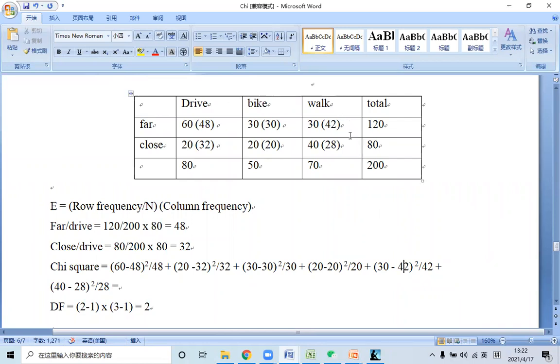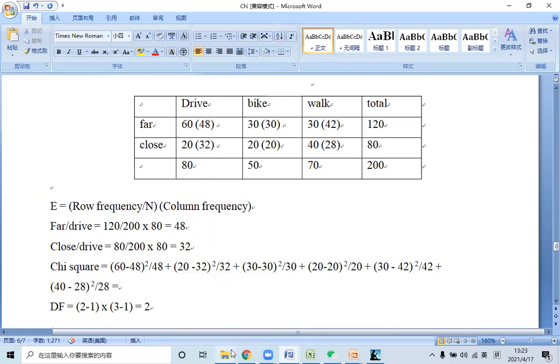For those people who live far away and walk, you observe 30, but you are expecting 42. And you divide by the expected value. For the last cell, these are the workers who live close by. You observe 40 people walking among those who live close by, but your expected value is only 28.